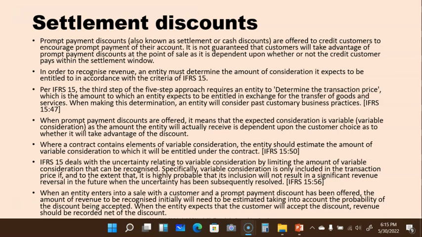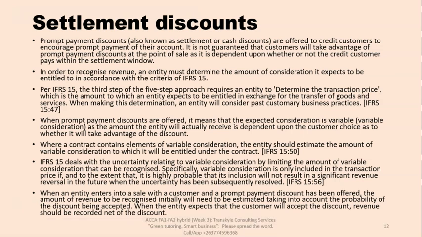IFRS 15 deals with the uncertainty relating to variable consideration by limiting the amount of variable consideration that can be recognized. Specifically, variable consideration is only included in the transaction price if and to the extent that it is highly probable that its inclusion will not result in a significant revenue reversal in the future when the uncertainty has been subsequently resolved.